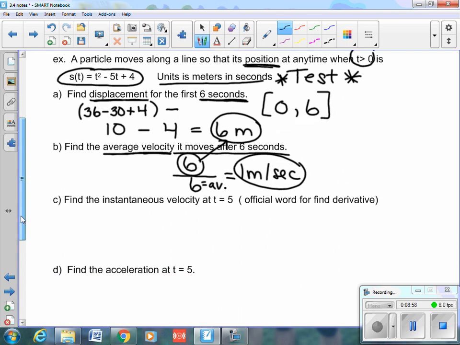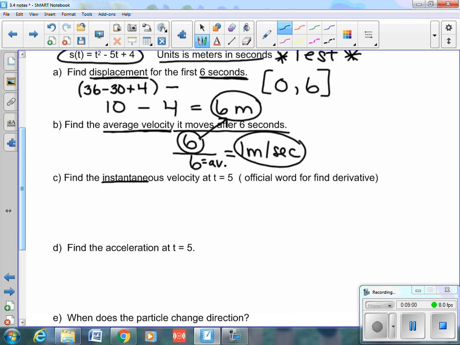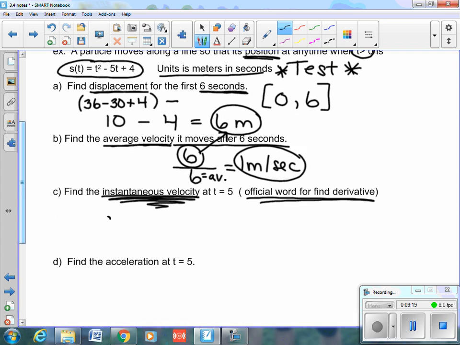Now, if they ask you to find the instantaneous velocity, really, really important word, underline it. It's the official word for finding the derivative. So if they say, for the rest of the year, find the instantaneous velocity, you're going to find the derivative, and it's really easy. S prime of t is the proper way to write it. What's the derivative of t squared?